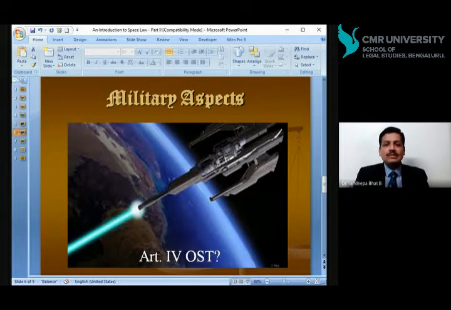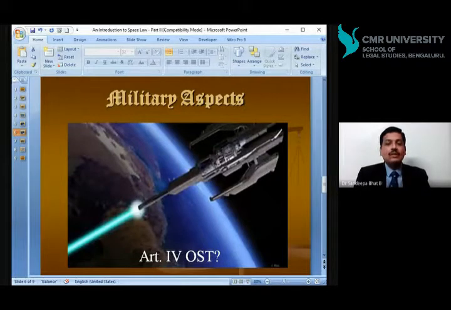And if we look into the second paragraph of Article 4, it clearly states in the beginning itself that the moon and other celestial bodies shall be exclusively used for peaceful purposes. Of course, it seems to be a very important provision. But unfortunately, when it mentions peaceful uses, about the moon and other celestial bodies, it fails to mention outer space.